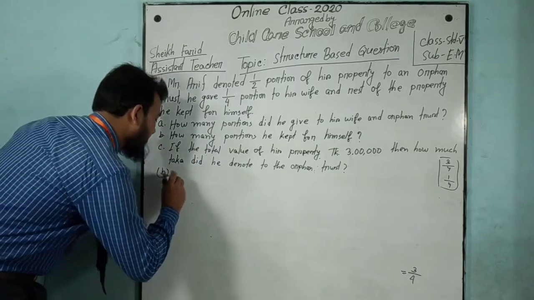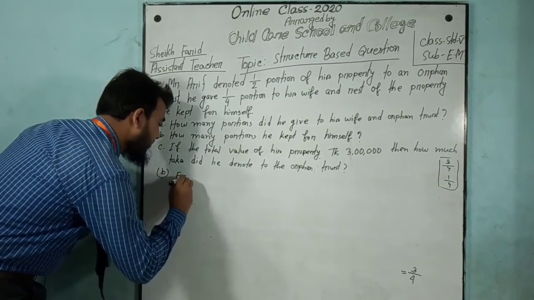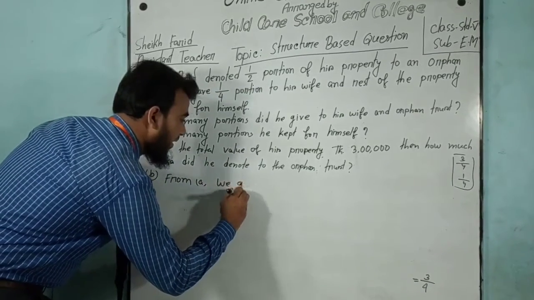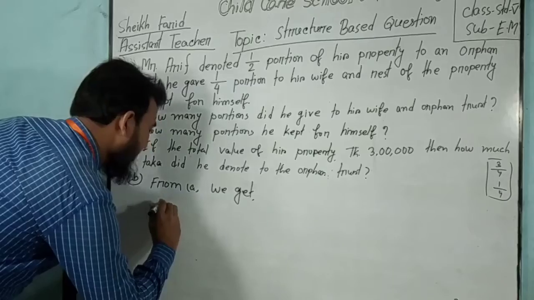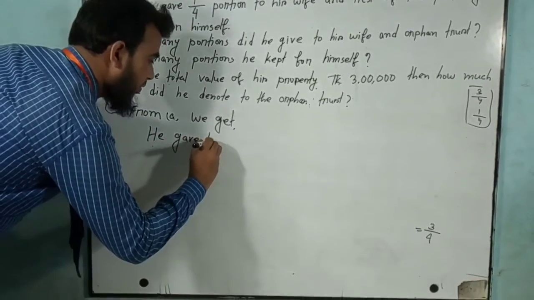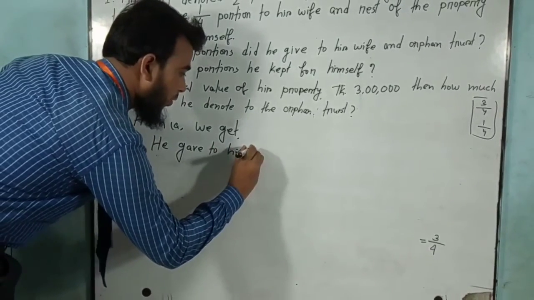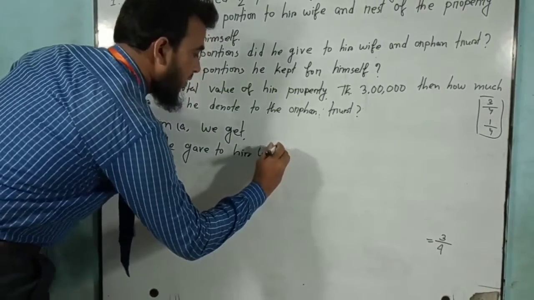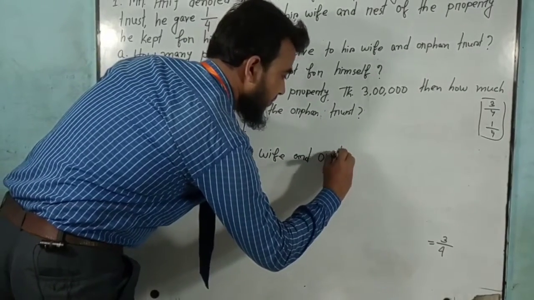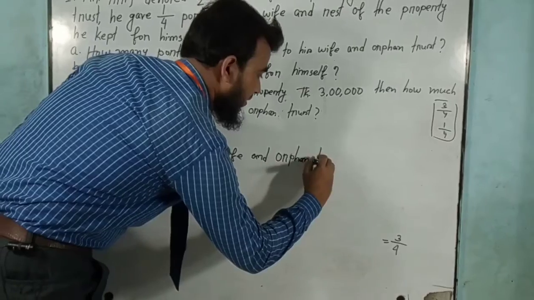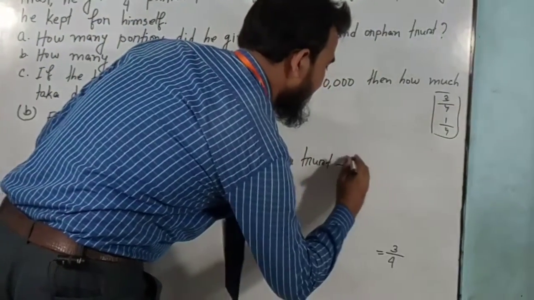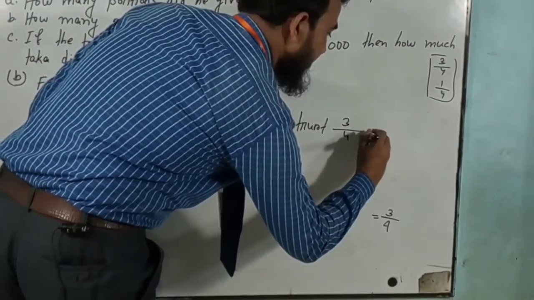At first we have to write this. From A we get, he gave to his wife and orphan trust 3/4 portion.